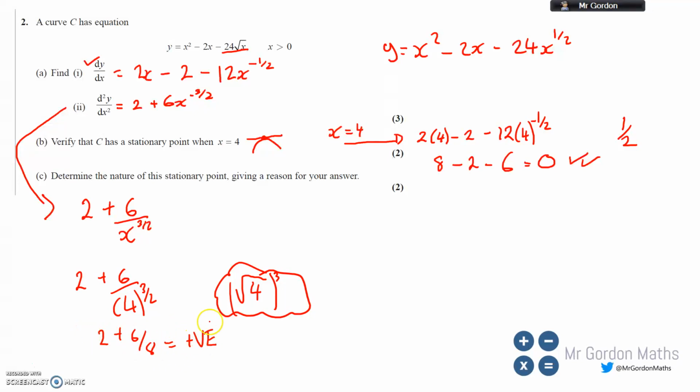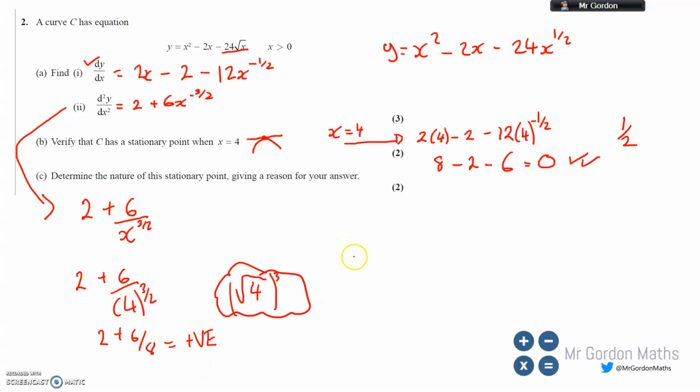If we get a positive answer, it means the gradient around this point here, that we just showed was a stationary point, the rate of change is always positive. So the gradient is always becoming less negative. And if it's always becoming less negative, then it is going to be a minimum point.